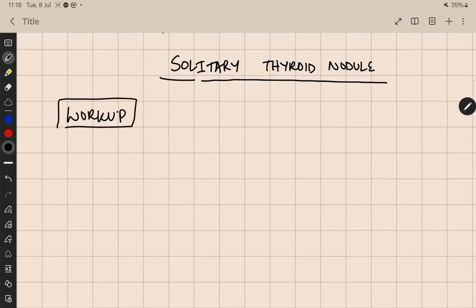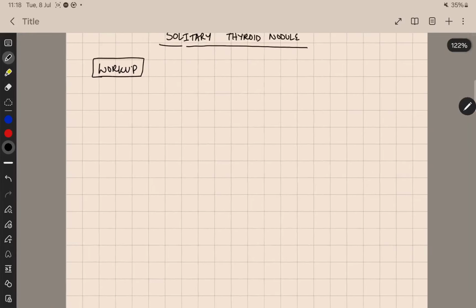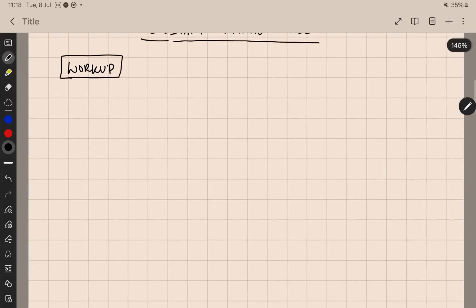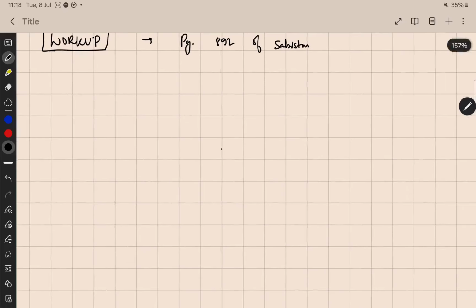The workup will go like this. There's an algorithm, taken from page number 892 of Schwartz. You can go check it out. So suppose there is a thyroid nodule.